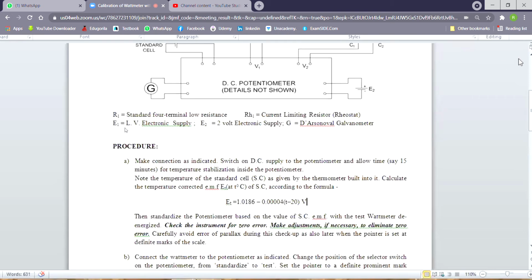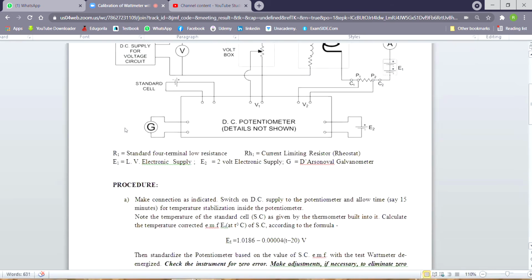So once we know the standard cell voltage, that is the Western cadmium cell voltage at a particular temperature, that voltage will be applied. Now, what happens in the beginning? We keep the potentiometer in standardization mode. All potentiometers have two modes: a standardization mode and a test mode. When we perform the experiment and measure V1 and V2, the potentiometer is in test mode, and our selector switch 1 and 2 positions will work.